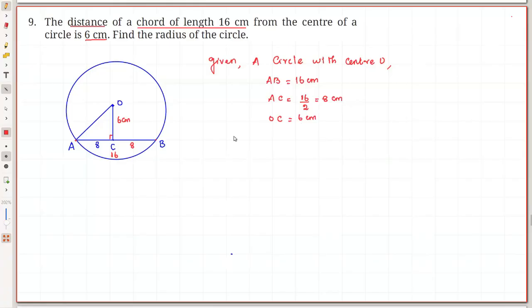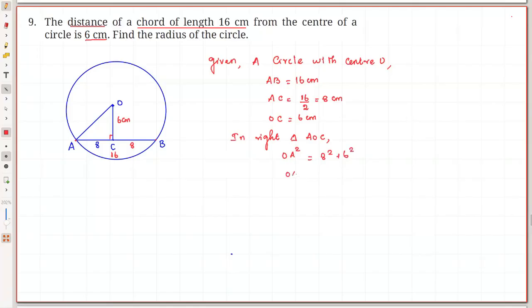Now in right triangle AOC, apply the Pythagoras theorem. Hypotenuse square is equal to the sum of the other two sides square. Hypotenuse square, that is OA square, is equal to 8 square plus 6 square.